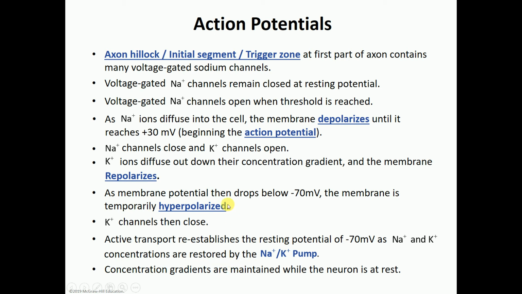That temporary hyperpolarization is due to the fact that potassium channels close really slowly, and more potassium than needed actually escapes the cell. How does the cell reestablish the resting potential? That would be due to the action of the sodium-potassium pump.